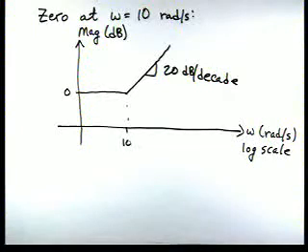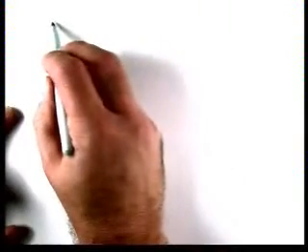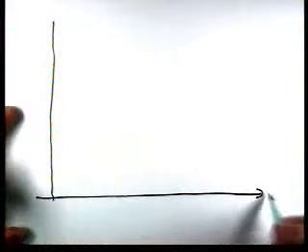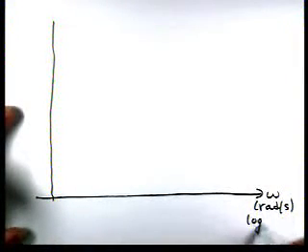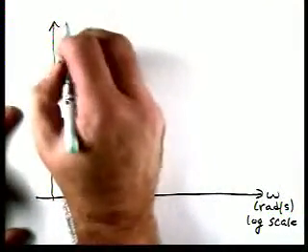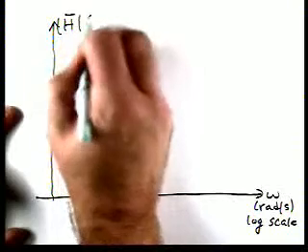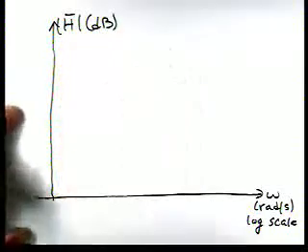So now we're going to sketch the characteristic. There are the ones for all the terms individually. Now we're going to add all those together to get the expression for the magnitude of H. We plot ω in radians per second on a log scale, and we plot the magnitude of H in dB.